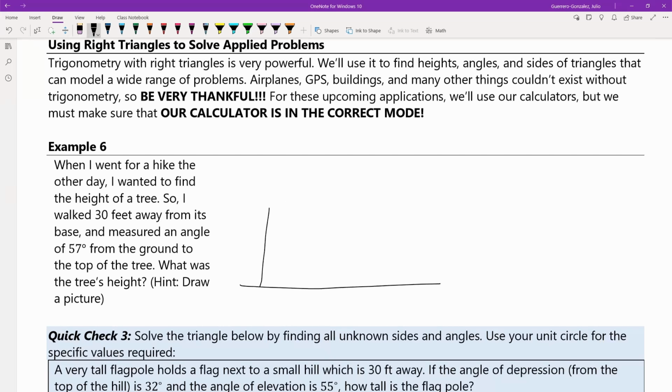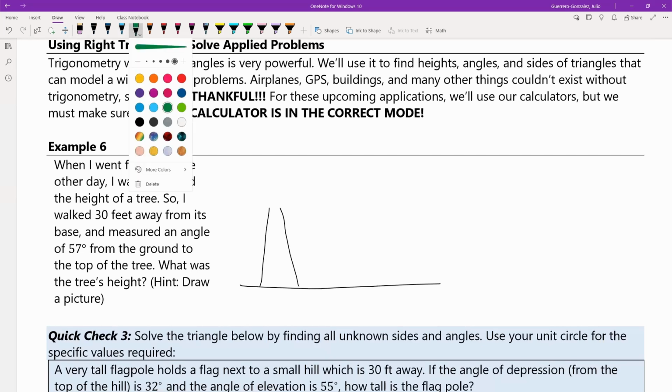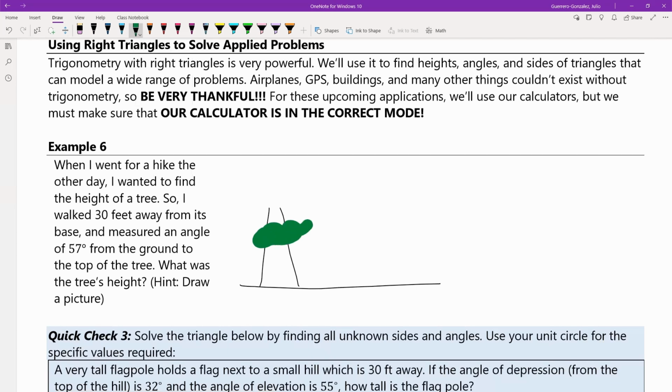Here's my tree. Such a great tree. Okay. So I went for a walk, right? And here's me over here. And from the ground, right, to the very top of the tree.